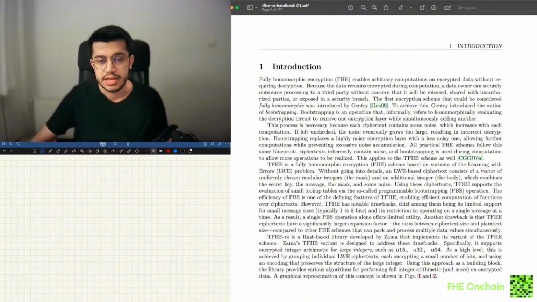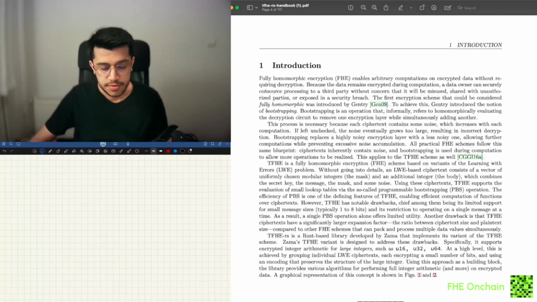And hopefully in the upcoming videos, we will see how this bootstrapping process is done. One other thing I want to mention is, obviously we have ciphertexts containing noise, and bootstrapping is used during computation to allow more operations to be realized. This idea obviously applies to the TFHE scheme as well.